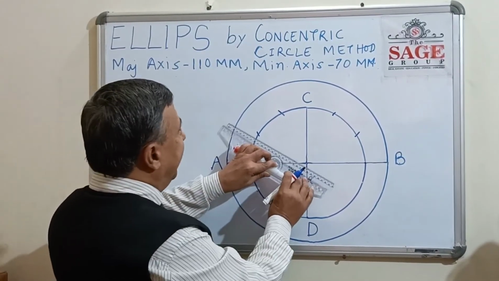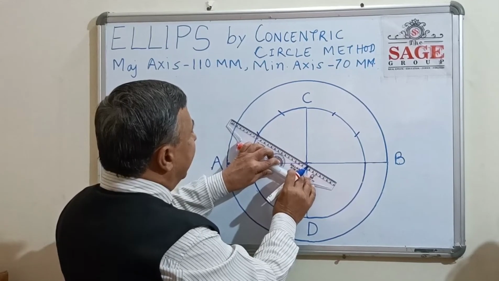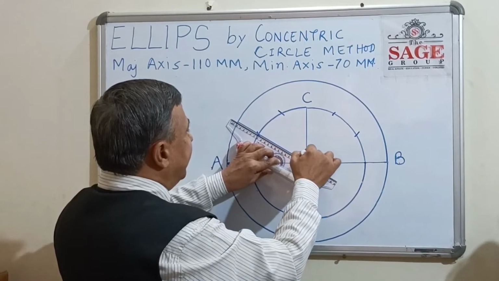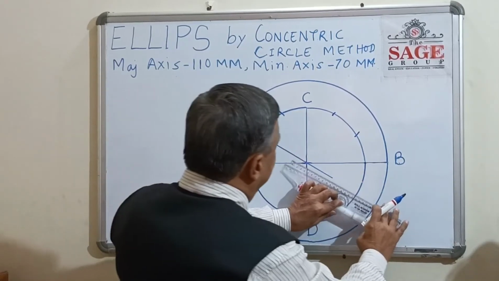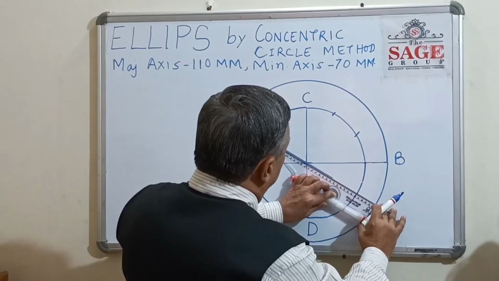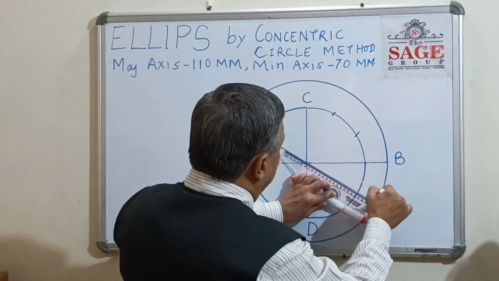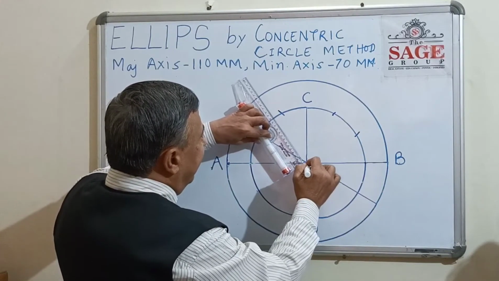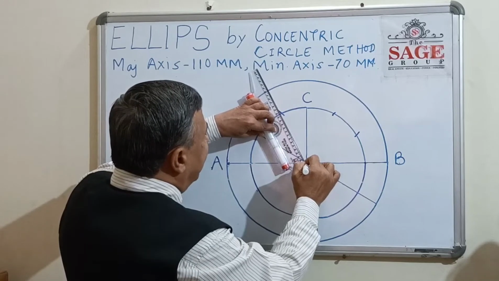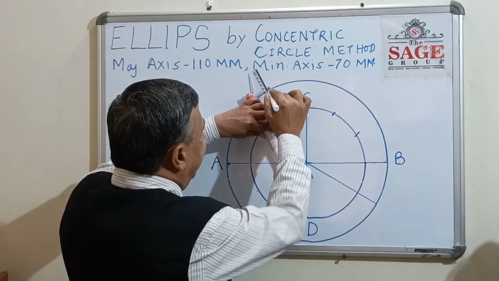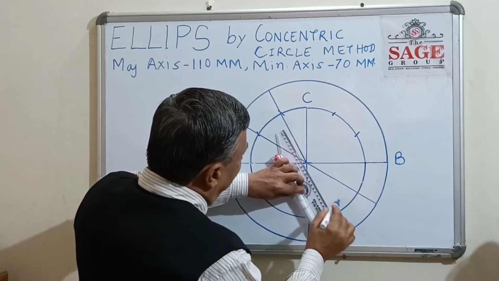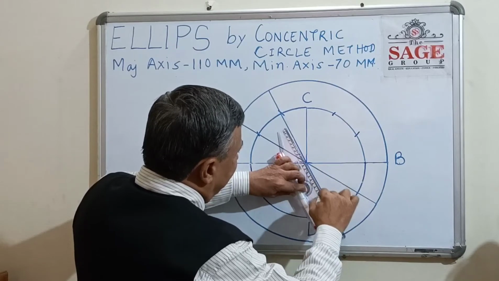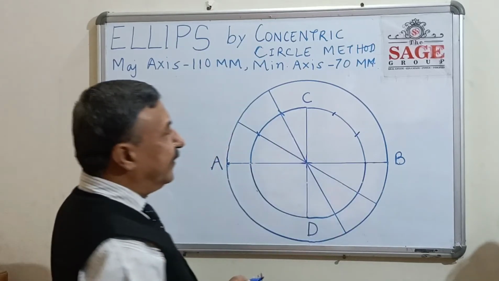Now how? See here, we join a line through these points and also extend it up to the major axis concentric circle, like this. Now draw this line joining the center to this arc up to the major axis concentric circle, and from the lower side also up to the major axis concentric circle.